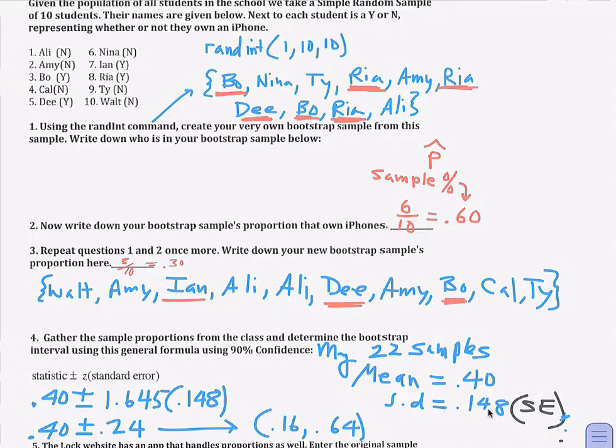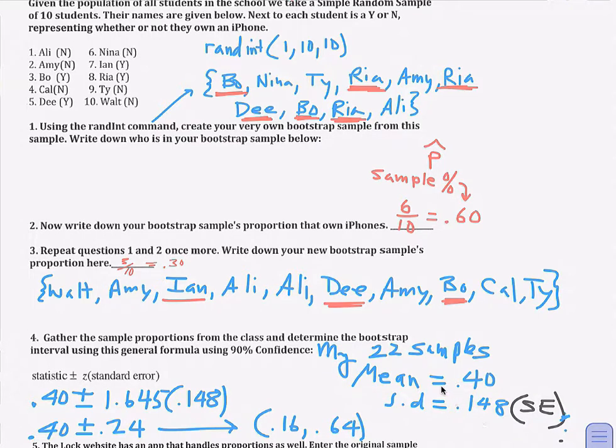And that standard deviation is going to be called the standard error, because each of these data points represents a sample, and the standard error is slang for what is the typical distance from the average to your samples.